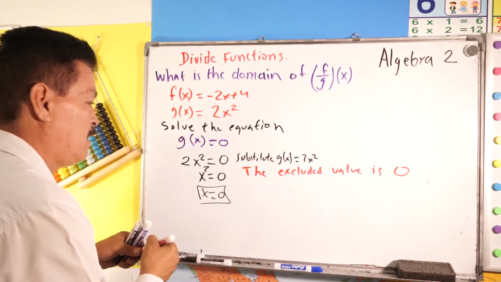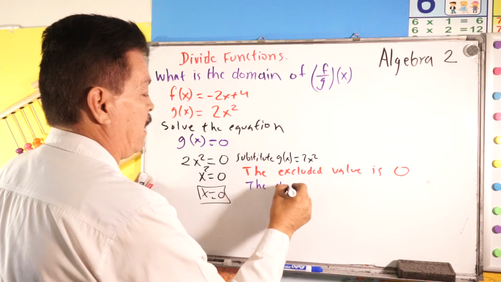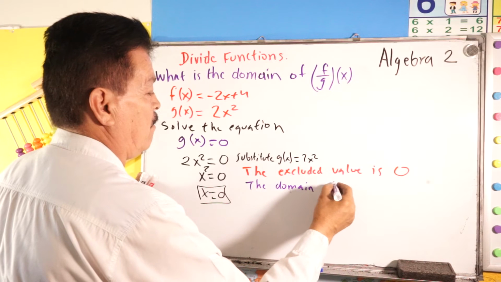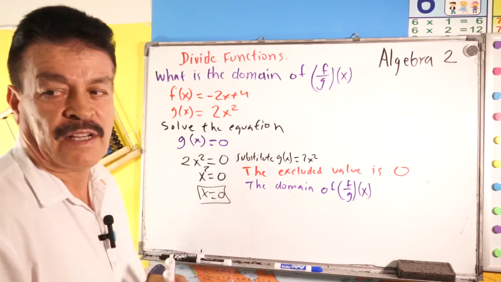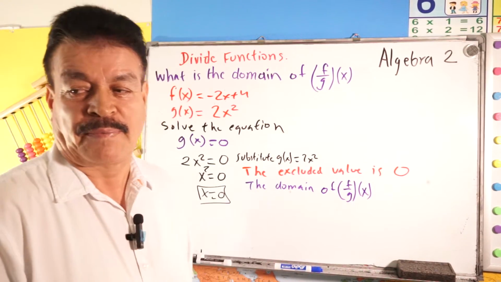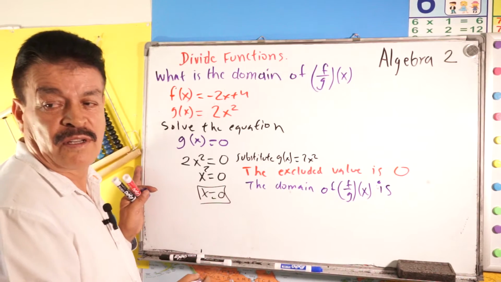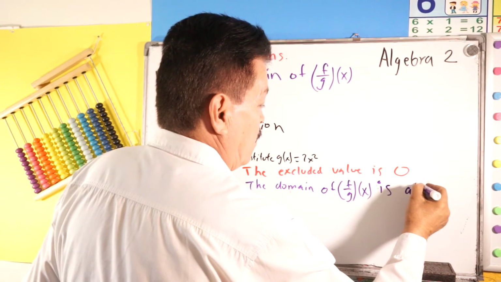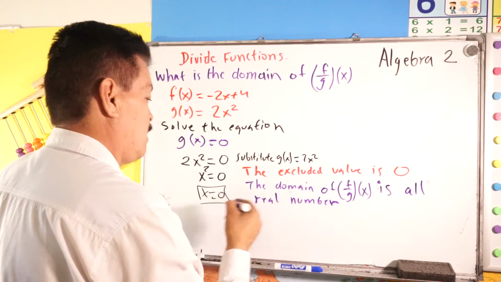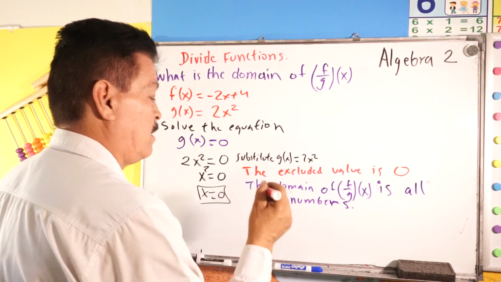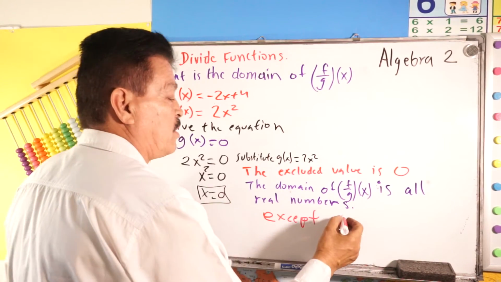So the domain of f divided by g of x is all real numbers except 0.